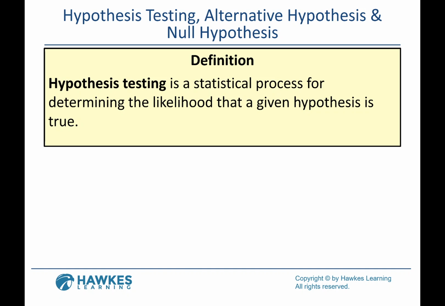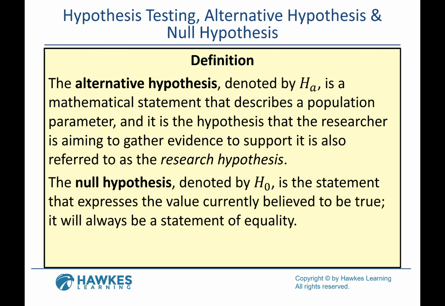Then we have our two hypotheses. So here's some more information about those. The alternative hypothesis, HA. Both of these hypotheses are just mathematical statements, so we're making a claim about some type of population parameter. We're saying this parameter is bigger than this number or smaller than this number, something like that.